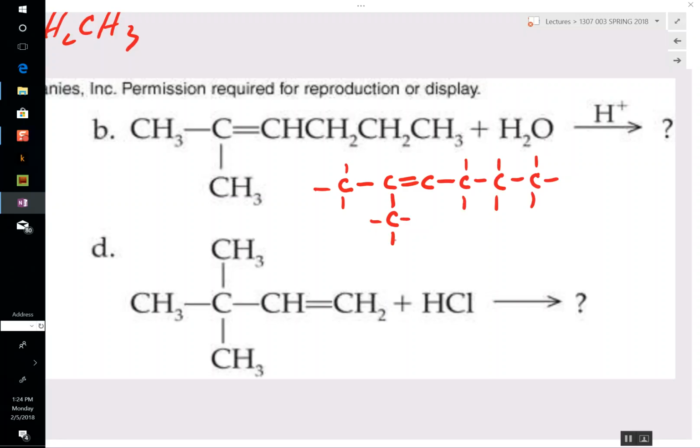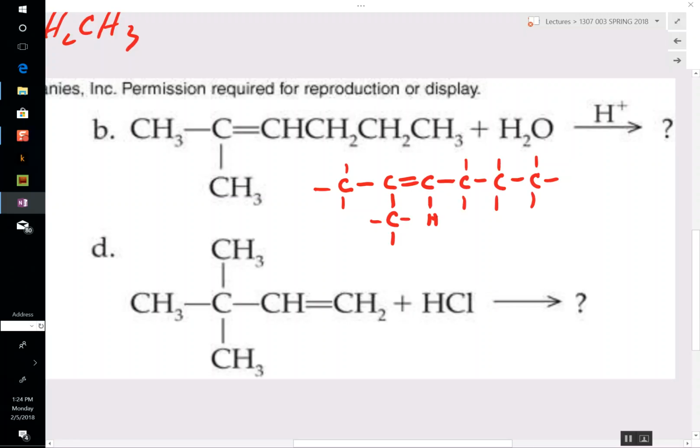Am I finished here? Does this carbon get a hydrogen on? No. How about this one? Yes. So I can put a hydrogen on here. One, two, three, four bonds around that. This carbon has one hydrogen. This carbon has no hydrogen.